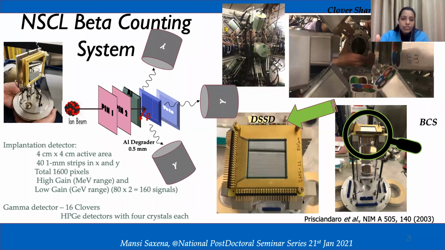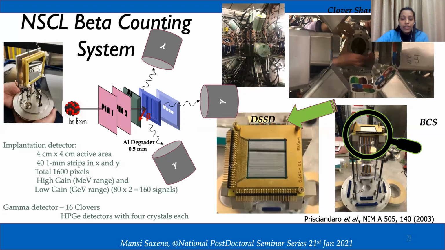Now, as the energy ranges for the implant and the decays are quite apart, one being in the GeV range and one being in the MeV range, as a result, we had to use two different gain settings. I should add here that the thickness of the pin detectors and the aluminum foil was actually chosen so that we would be able to centrally implant the zinc ions in the DSSD detector.